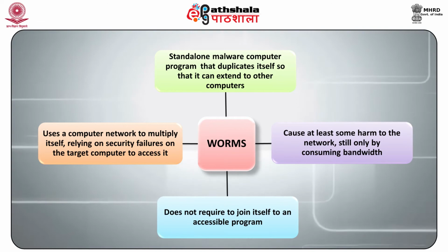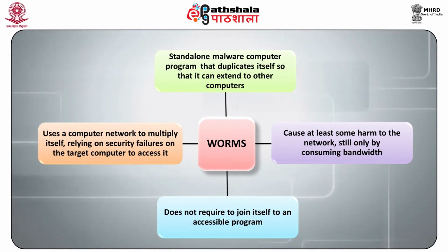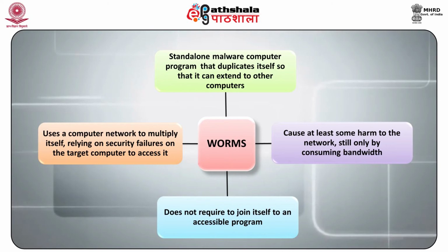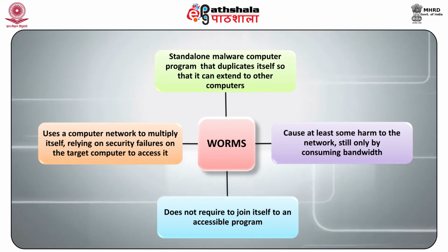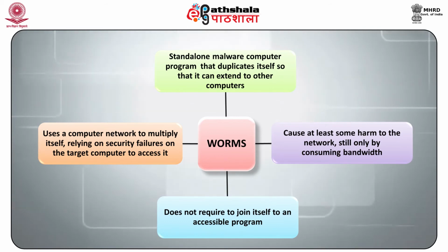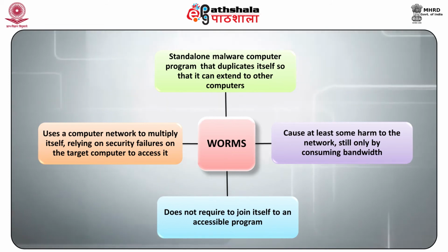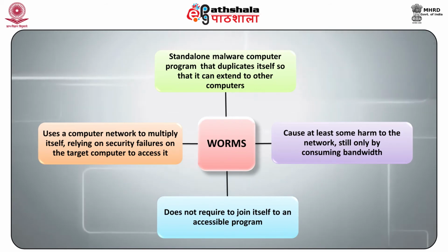Unlike a computer virus, it does not require joining itself to an accessible program. Worms nearly always cause at least some harm to the network, if only by consuming bandwidth, while viruses almost always corrupt or change files on a targeted computer.